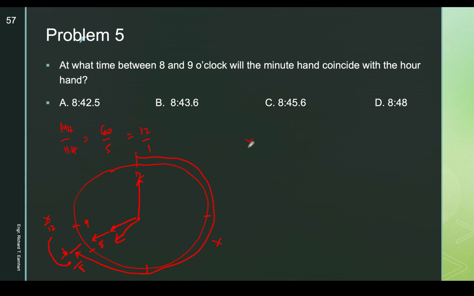Now, your x minutes is from here to this point. Take note that from 12 to 8, that is 40 minutes. So therefore x equals 40 plus x over 12. Multiplied by 12, you have 11x equals 40 times 12.